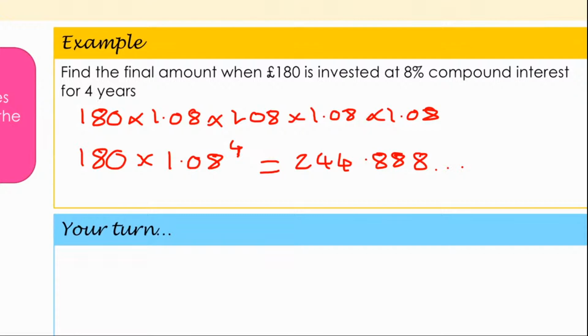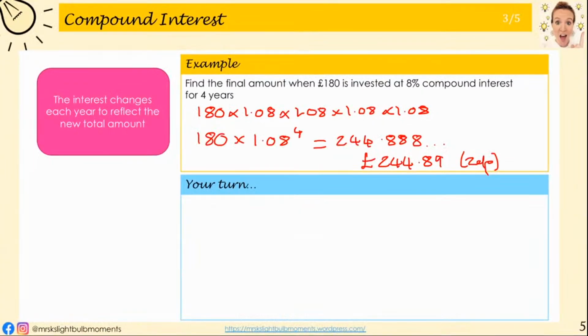As it's money, unless they ask you otherwise, round it to 2 decimal places. So I would write my answer as that. Always specify, I don't think I wrote on the last example, apologies about that, but always specify if you have rounded. So write down 2dp in brackets. So that is actually a formula that we can remember and we can use for this.